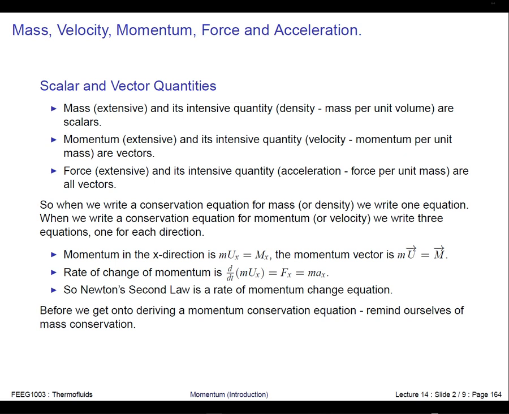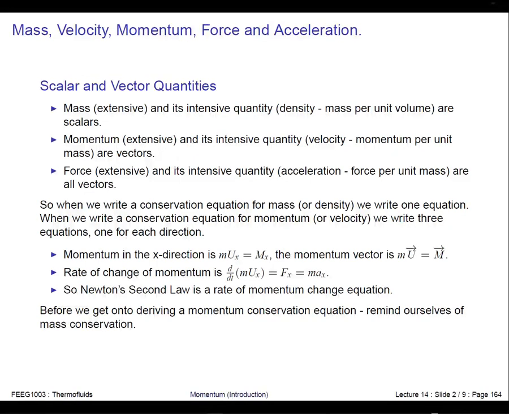Mass is an extensive variable, and we defined the Reynolds Transport Theorem for its intensive equivalent, which is density. We're going to do the same thing for our 2 other remaining variables that we're interested in, momentum and energy. So we're dealing with momentum today.